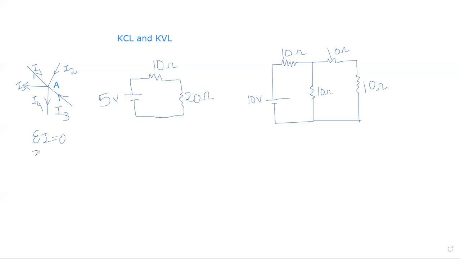I can assume any sign convention. I can write I1 as positive and I2 as negative. Since it is going out, I am considering I1 outgoing current as positive, okay, and incoming current as negative.